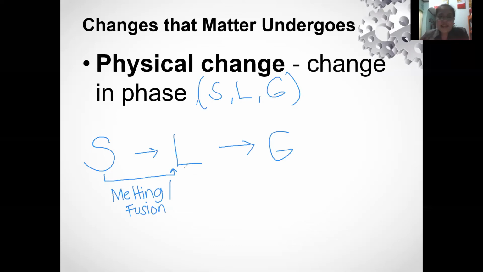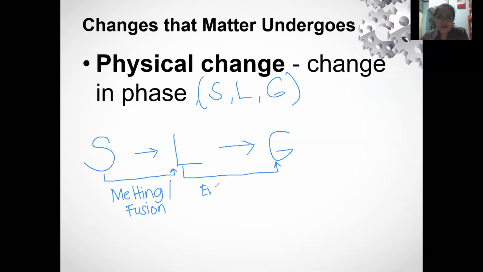Ngayon, if the liquid becomes gas, we call it evaporation. Nabaliktarin natin. If si gas magiging liquid, ang tawag doon, condensation.